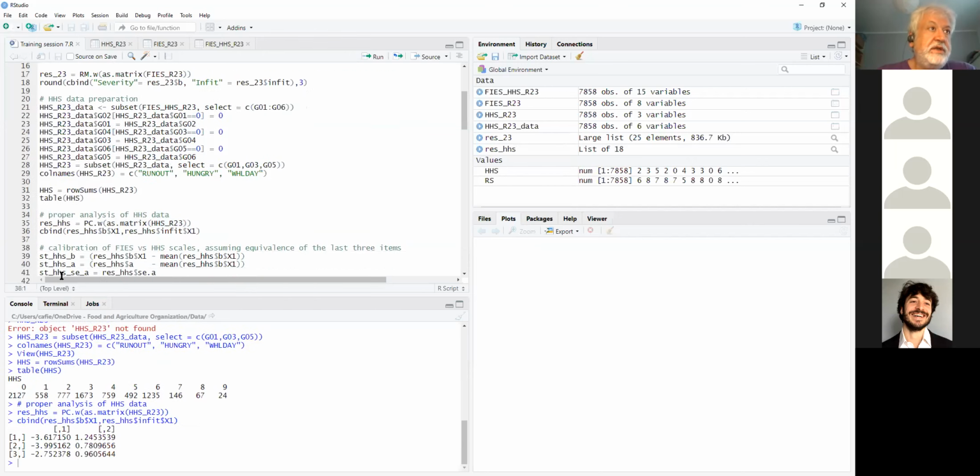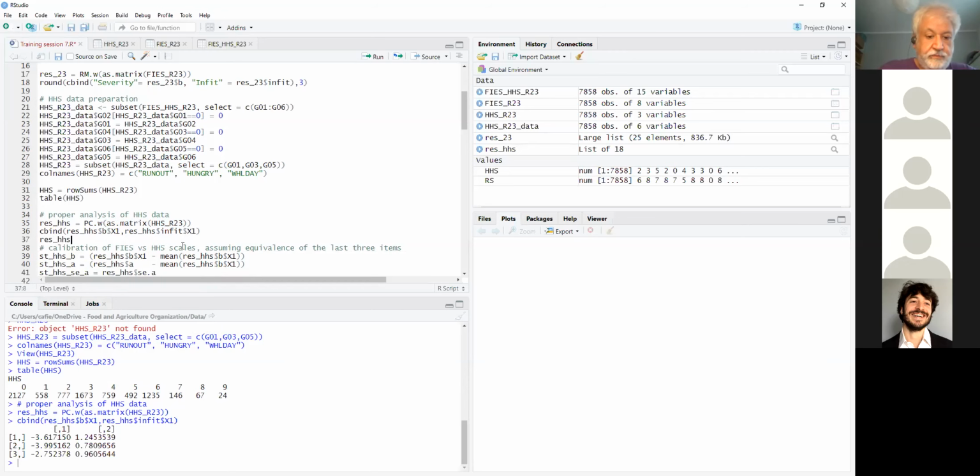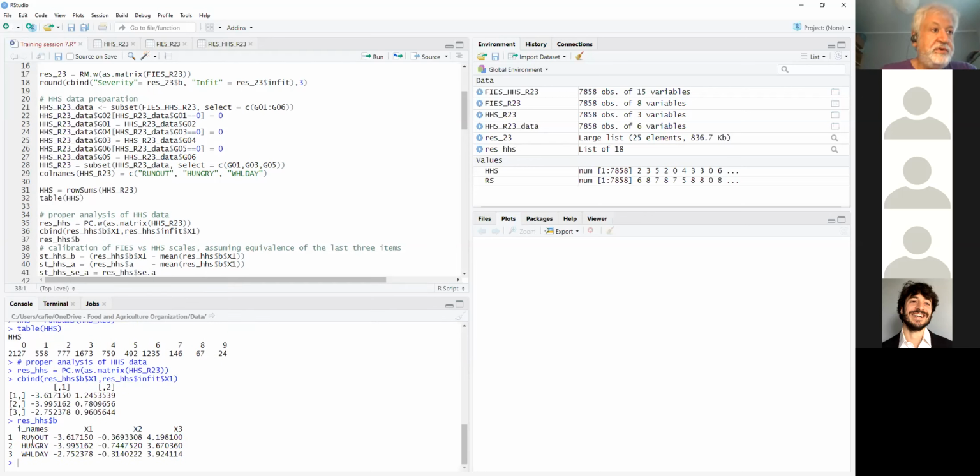And we can look at results, and as is the case for the typical Rasch model, results can be analyzed in terms of item severity parameters, in-fit statistics, out-fit statistics, etc. The only difference is that now the item parameters have a more complicated structure, which for each question contains 3 columns.